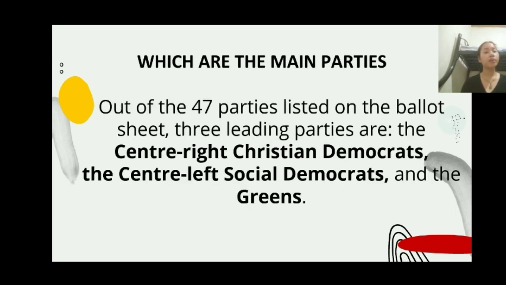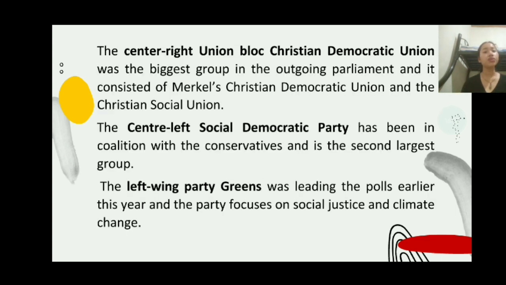So which are the main parties? Out of the 47 parties listed on the ballot sheet, the 3 leading parties are the center-right Christian Democrats, the center-left Social Democrats, and the Greens. The center-right Union Bloc was the biggest group in the outgoing parliament, and it consisted of Merkel's Christian Democratic Union and the Christian Social Union.